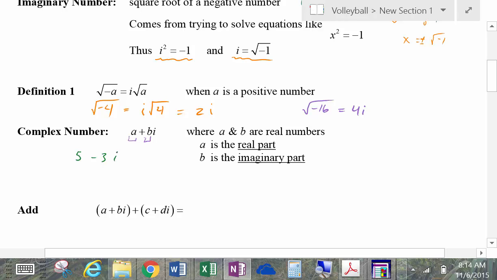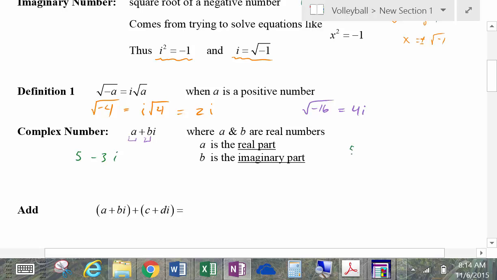What is the real part? 5. What is the imaginary part? Not quite. -3. It doesn't include the i. The imaginary part is just the number, the coefficient of the i. -3.